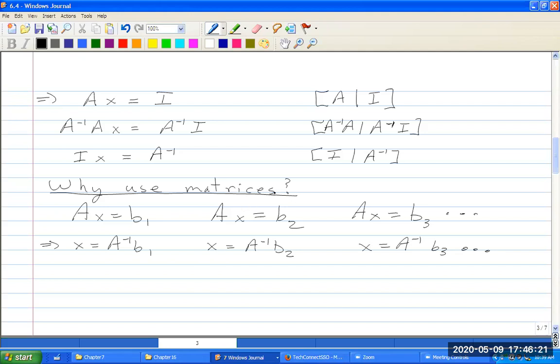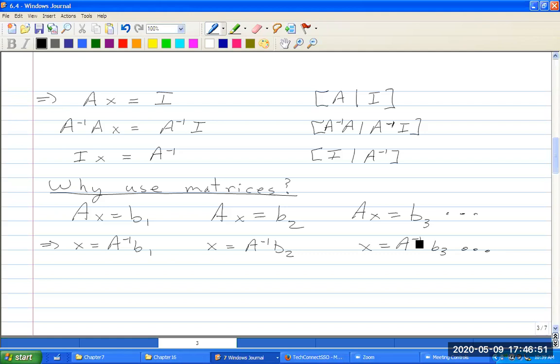Then I want to solve the equation AX equal B3, etc. Well, it turns out that the variable matrix X is equal to A inverse times B1. For the second system of linear equations, I get X is equal to A inverse B2. For this one, I get X is equal to A inverse B3.